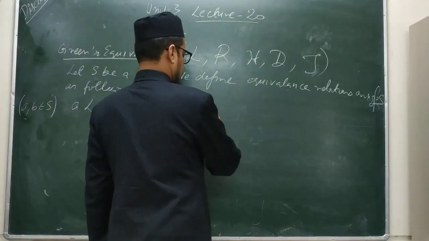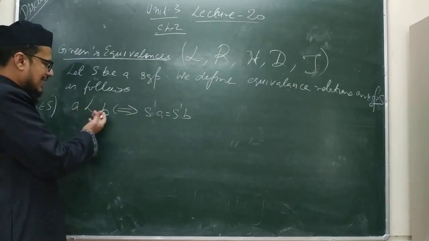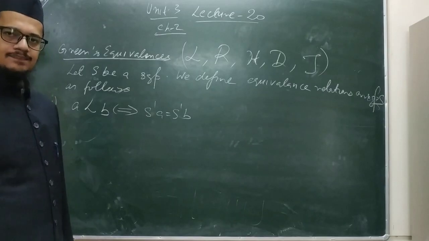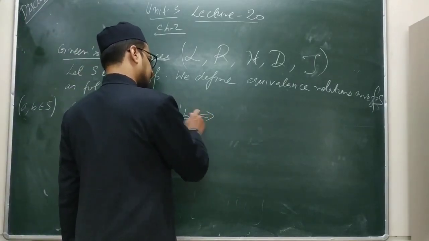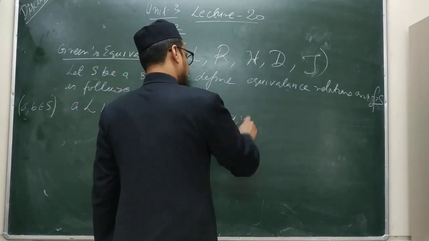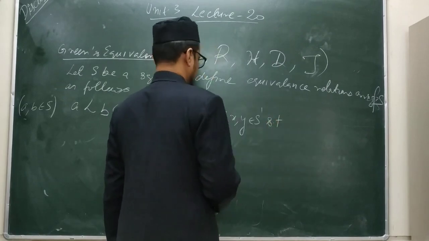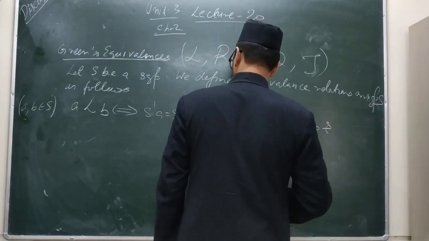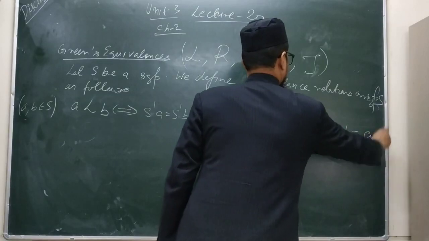So we say that a and b are related to each other when S1a is equal to S1b, correct? And it implies and is implied by there exist x, y belonging to S1 such that xa is equal to b and yb is equal to a.